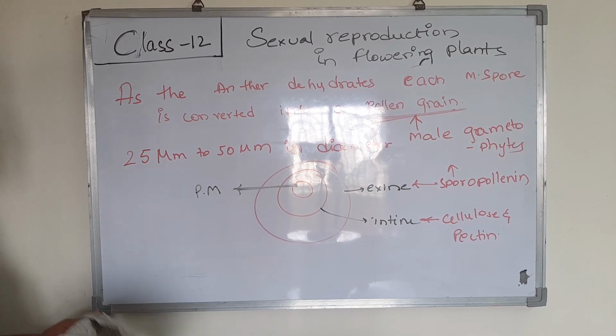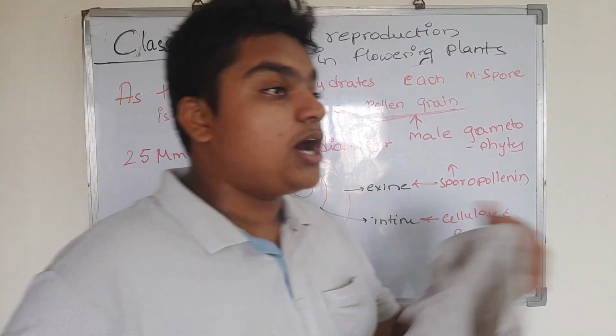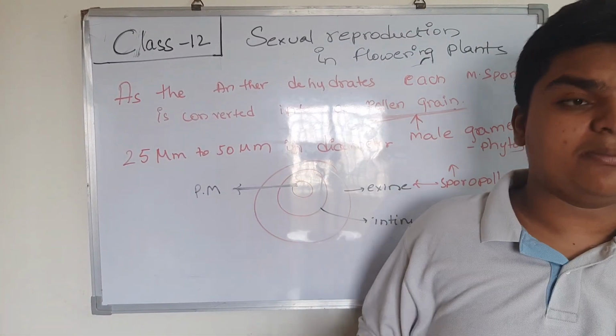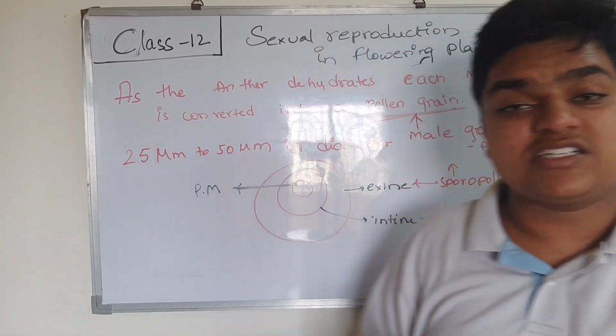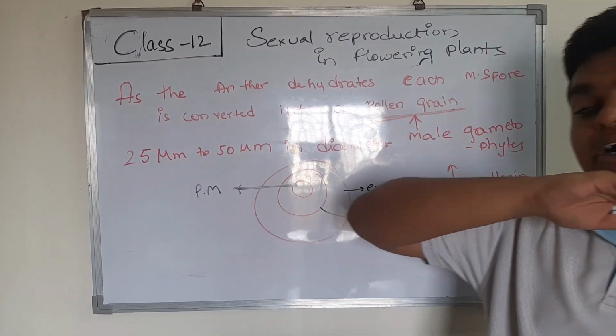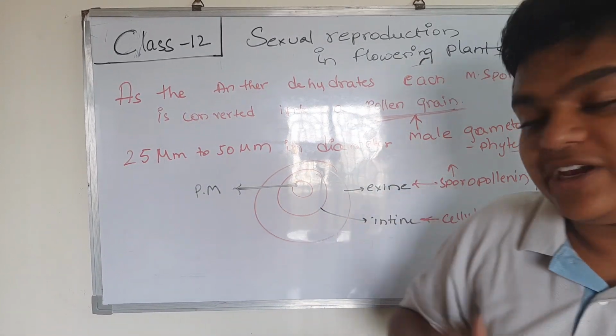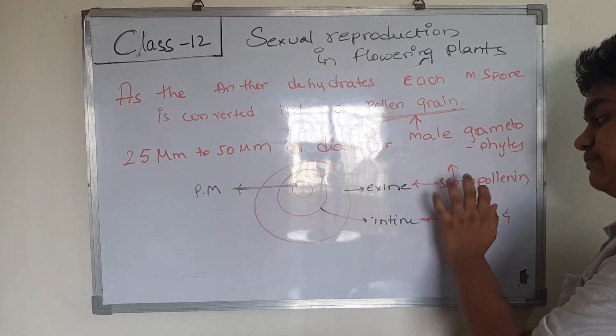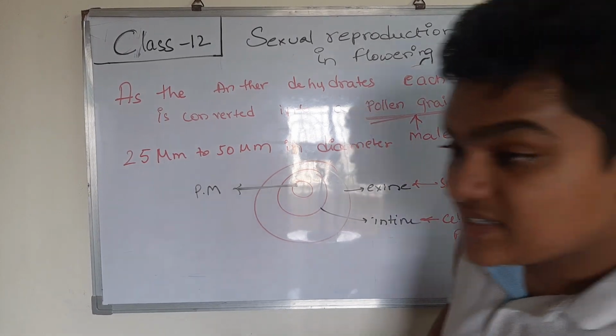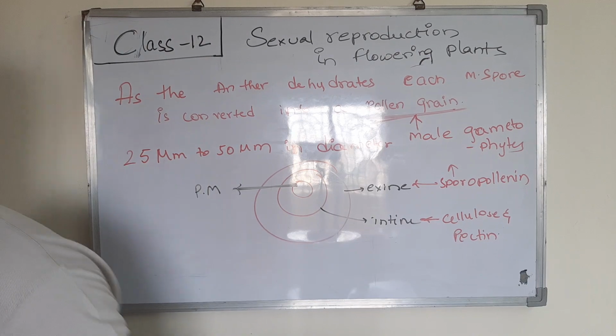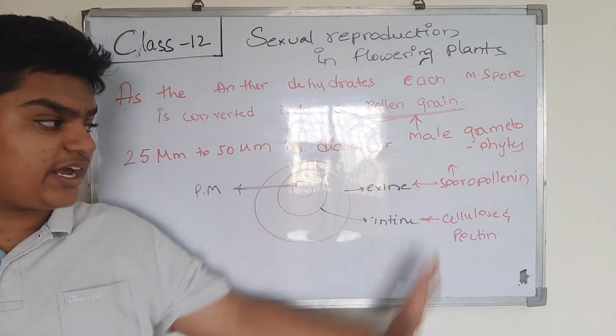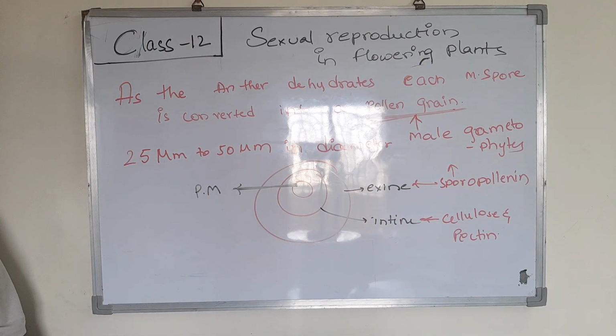It can resist acids, alkalis, higher temperatures, colder temperatures, and even enzymes. No enzyme that can degrade this sporopollenin is found till now. It is the most resistant organic material on earth.